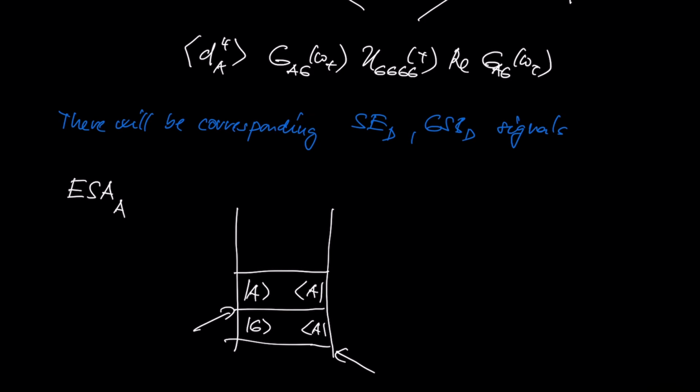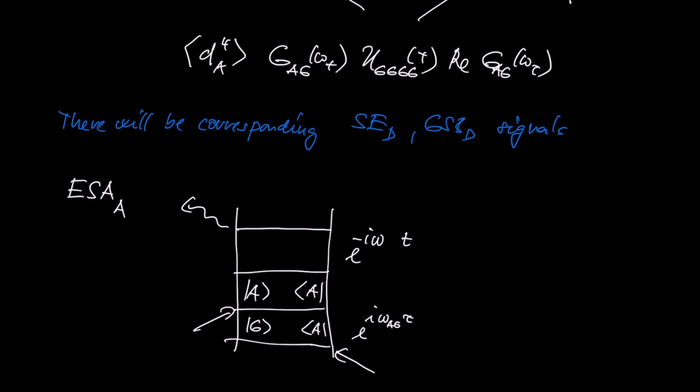But I want to have a rephasing signal, so the rephasing signal has to end up with the wavy line here. But as I have e to the power of i omega AG tau here, I have to have e to the power of minus i omega whatever t. This is how you get non-rephasing, because you have different signs of the phase evolution.